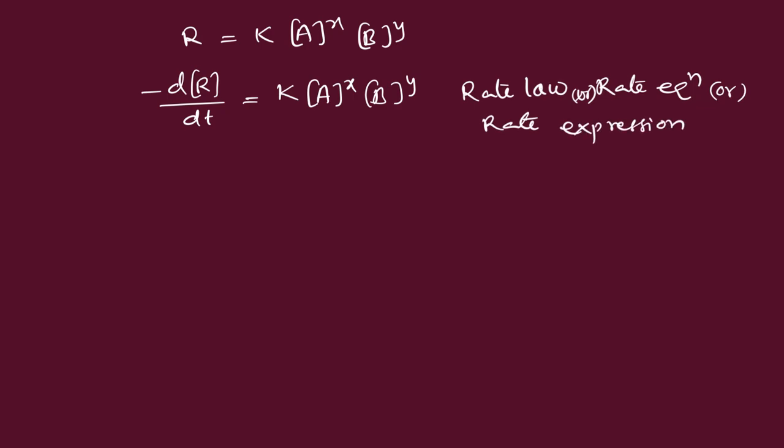So now we know that this is called rate, and this is called rate constant, square bracket is called concentration.